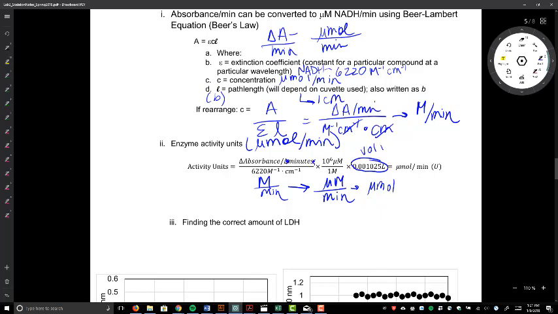This is the volume in the cuvette that we actually measure. That's 1 ml of solution plus 25 microliters of enzyme that you spike into the cocktail. And that will give us a rate of micromole products produced per minute, or the units of enzyme in that cuvette.